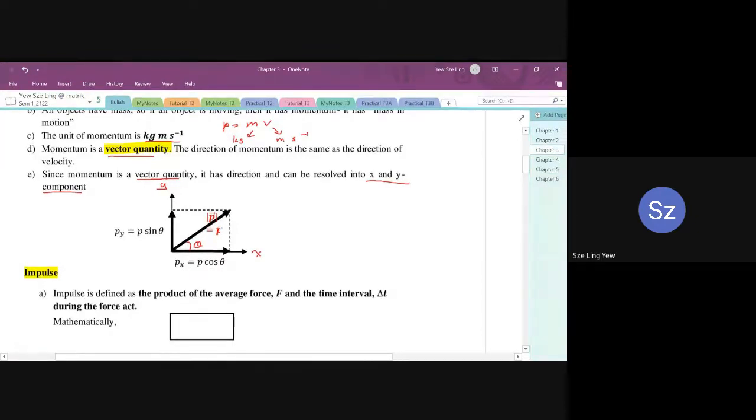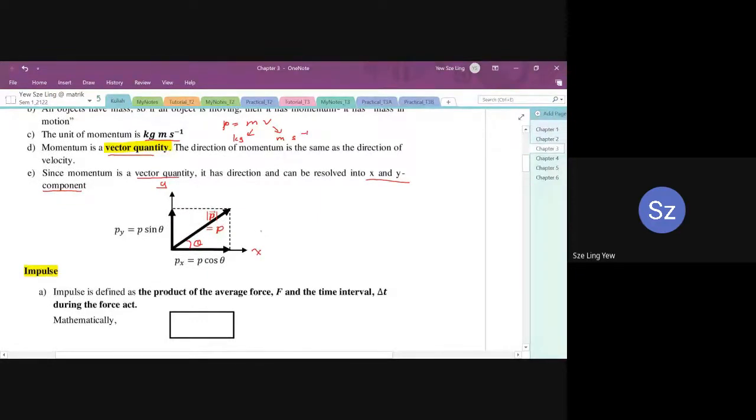So P is your resultant value. So the resultant value is the arrow in between x and y, the one with an angle. And then Py is P sin theta.